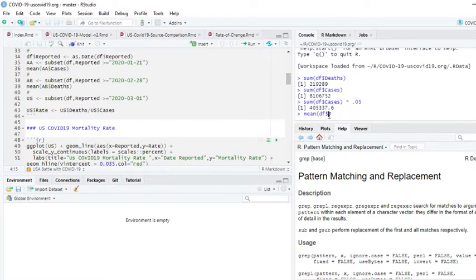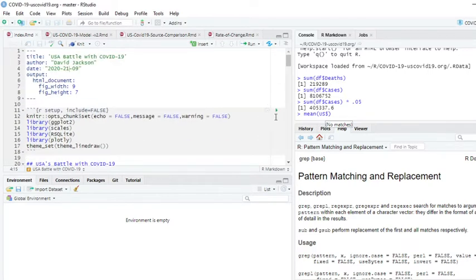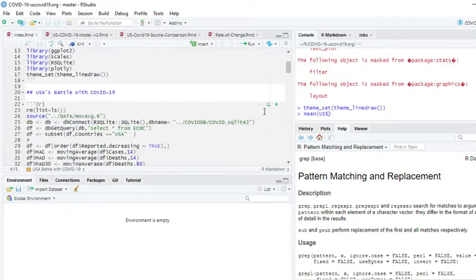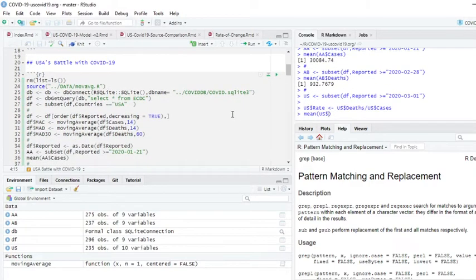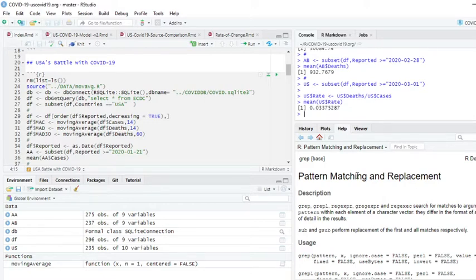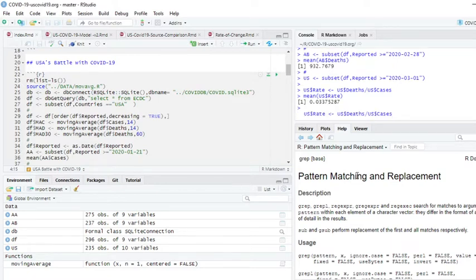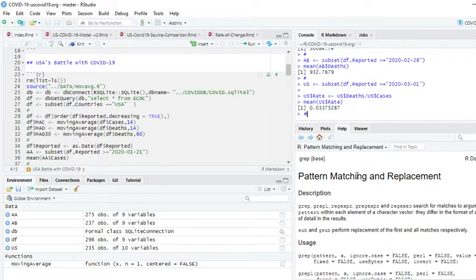Okay, let's do this. What's the average rate? So what's the average mortality rate? 3.3%. Now, if you multiply that 3.3%.